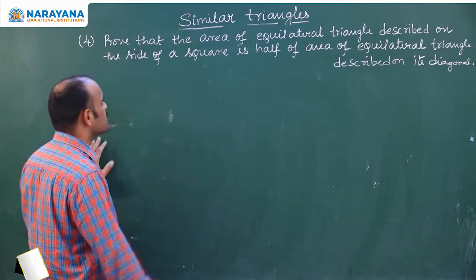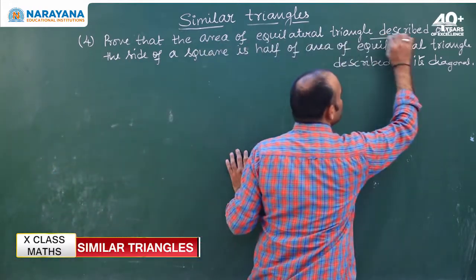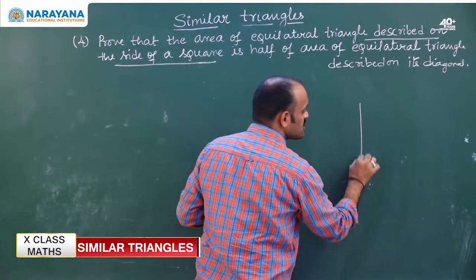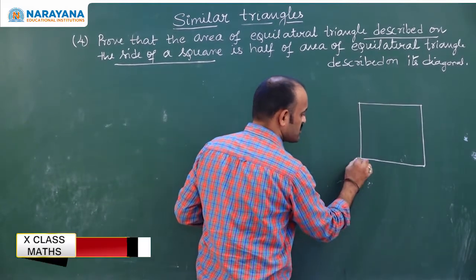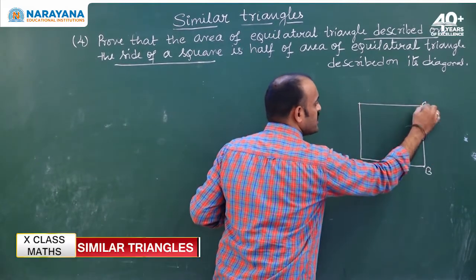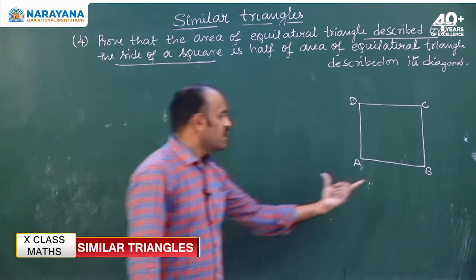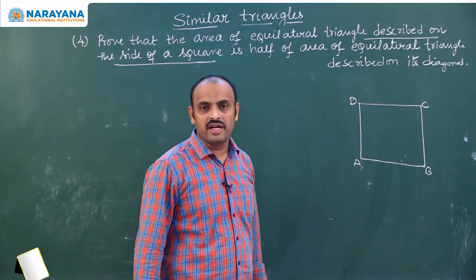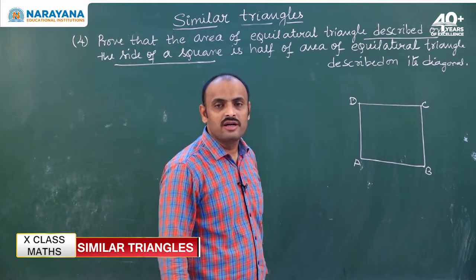Now, coming to this question, prove that the area of the equilateral triangle described on the side of a square. So, there is a square, let the square be ABCD. On one of the sides, either AB or BC or CD or DA, they are drawing an equilateral triangle.